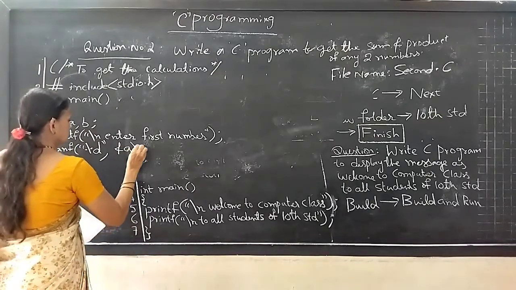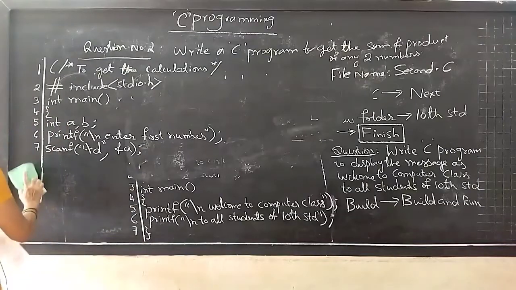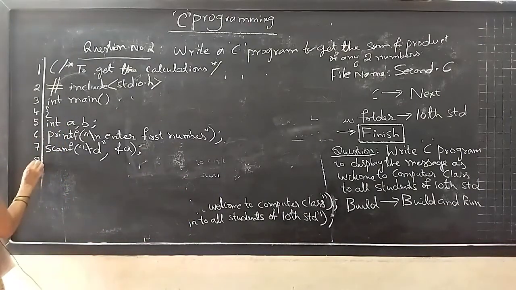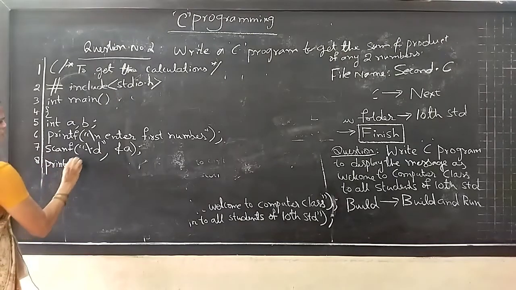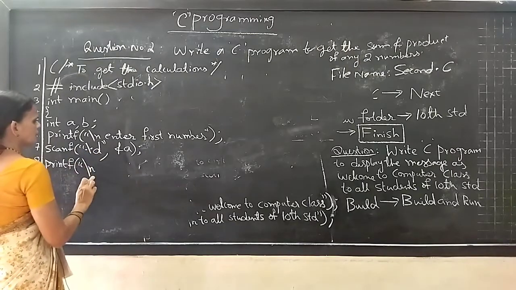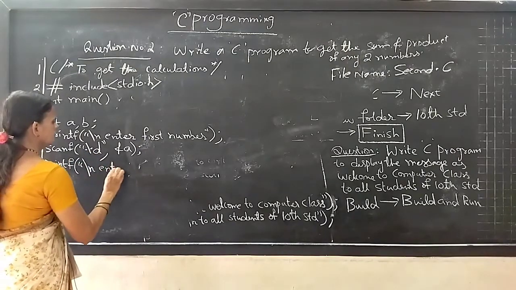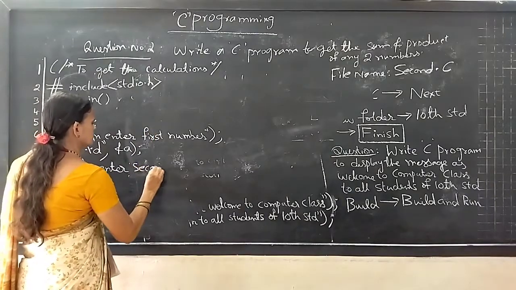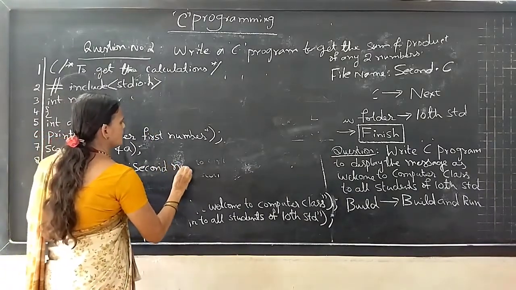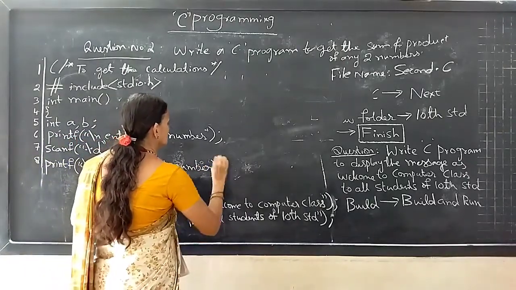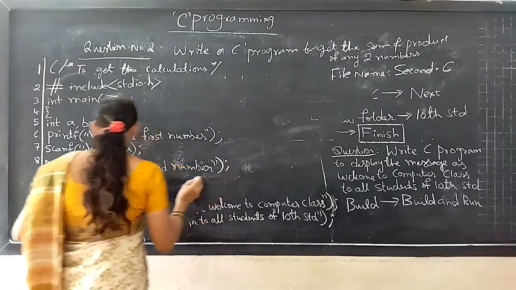Okay, then again we have to take input for one more variable. So I have to write printf, double quote, backslash n, enter second number, double quotes, close bracket, semicolon.